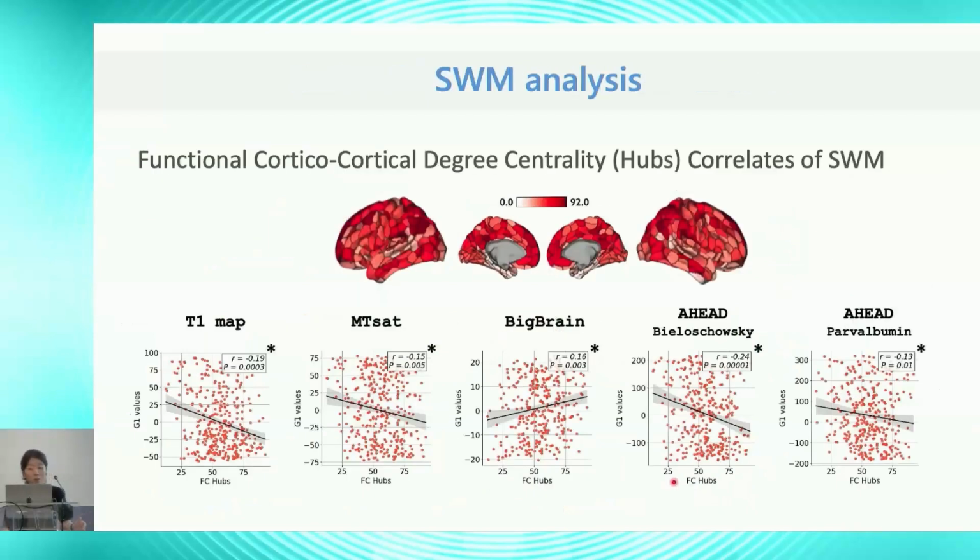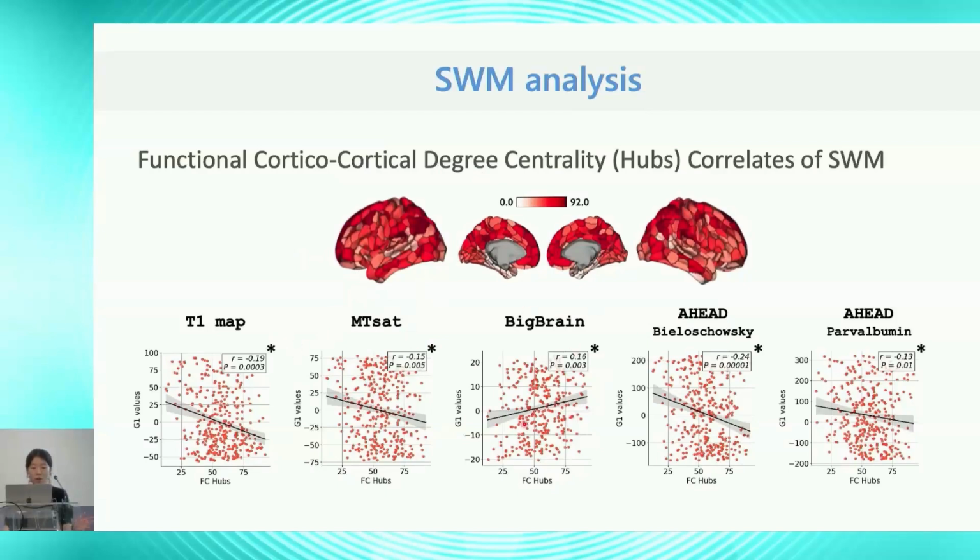And lastly, we examined the relationship between the first superficial white matter gradient and the functional cortical degree centrality derived from the PNI dataset, the mean resting state functional connectome. In this analysis, degree centrality indicates how directly connected a specific brain region is to various other regions, playing a crucial role in information integration and diverse brain functions.